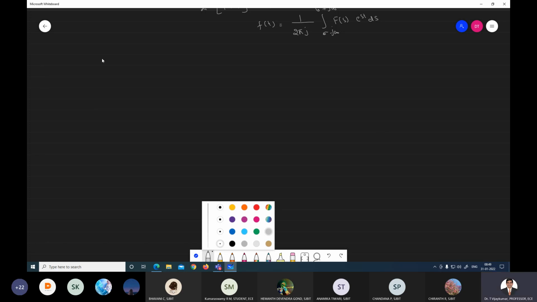Under that, note down the Laplace transform of a function. See the board. The Laplace transform of a function f of t is defined as F of s. I'm writing on the board.